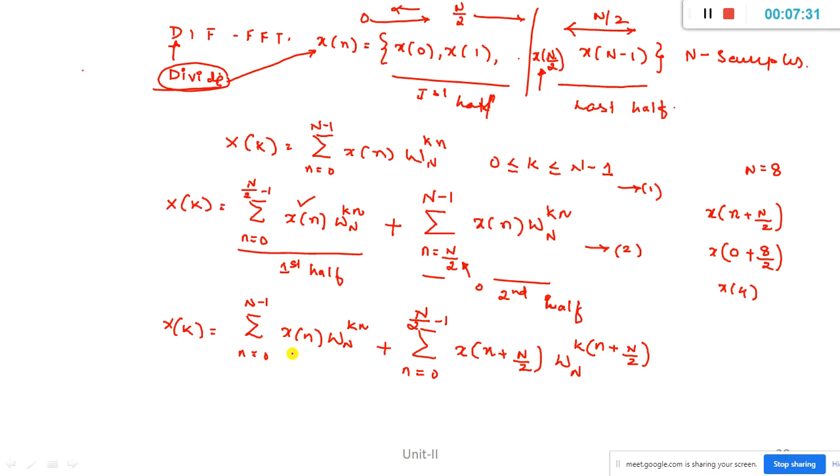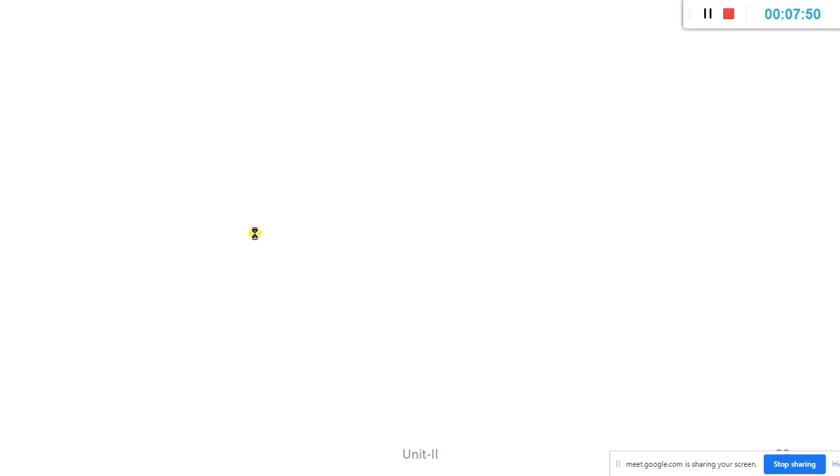So look at this. Now the summation of the first sequence and the second half sequence remains the same. So this is the first half sequence and this is the second sequence. The summation is the same, but the twiddle factor can be multiplied, right? Just observe carefully. I'll try to multiply the twiddle factor here.